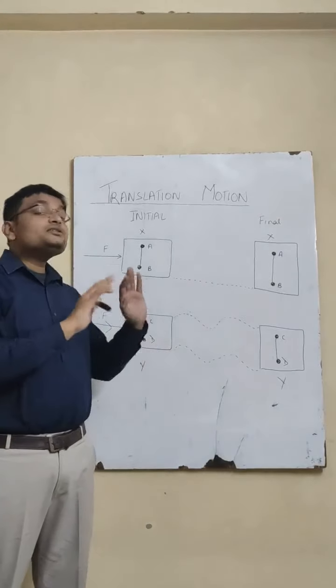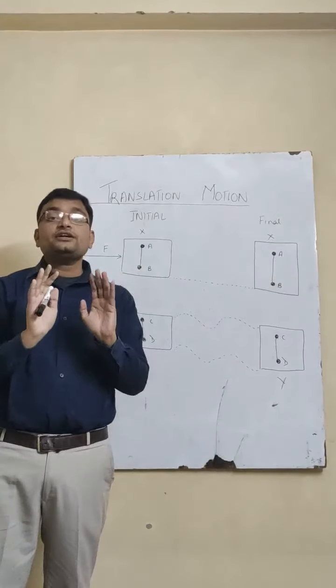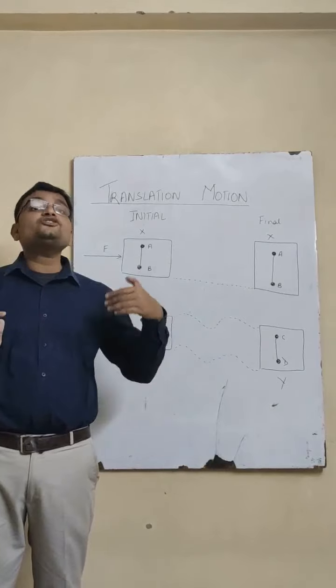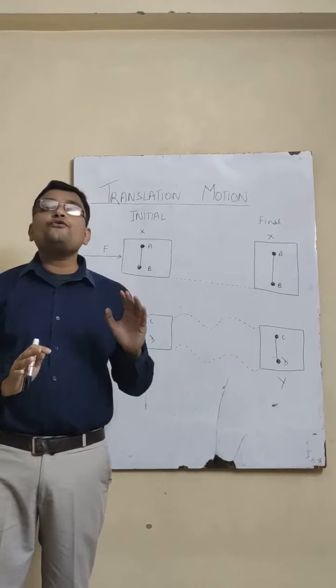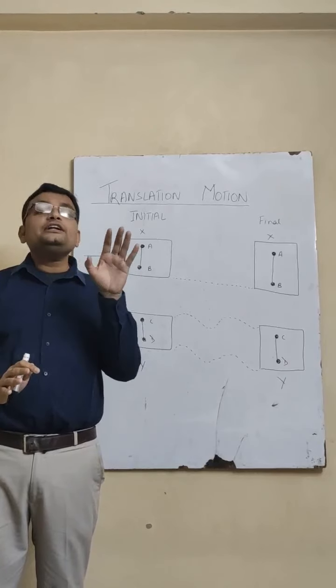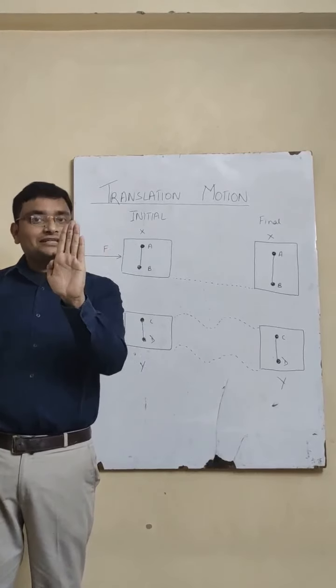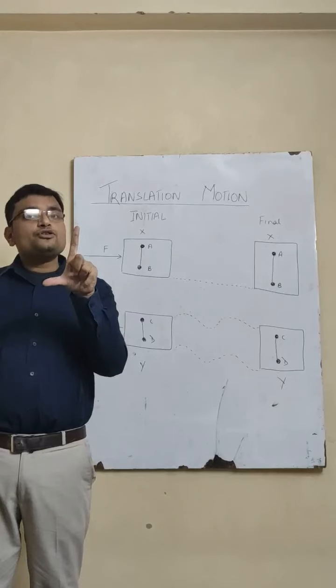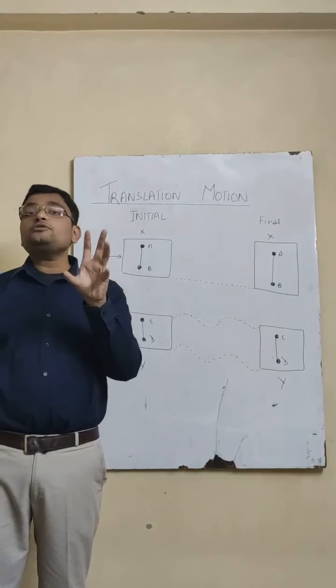I repeat once again, it doesn't matter which type of path the body is following. Translation motion depends on the line segment you have drawn between any two particles of the body.